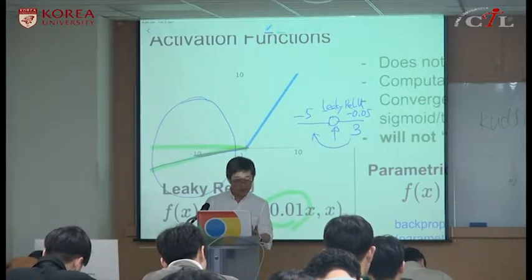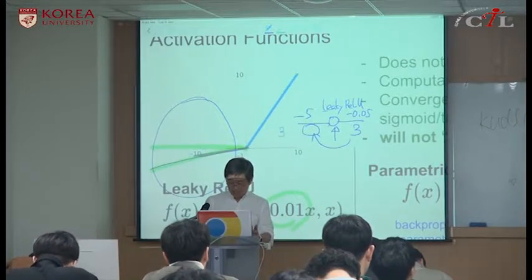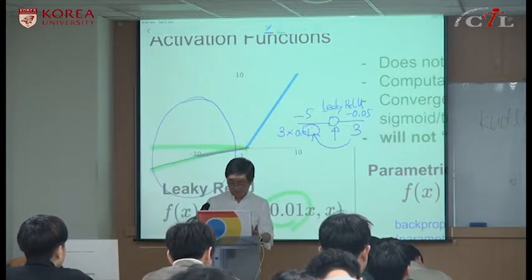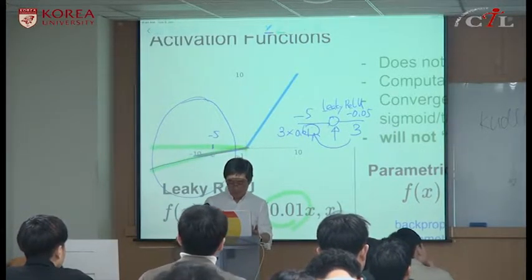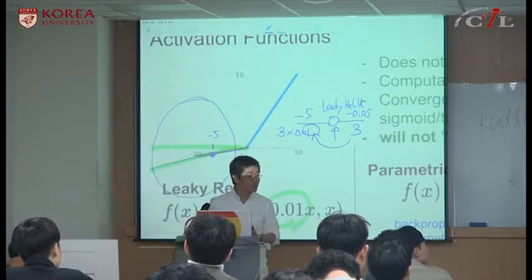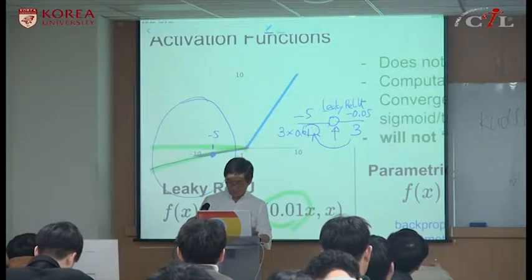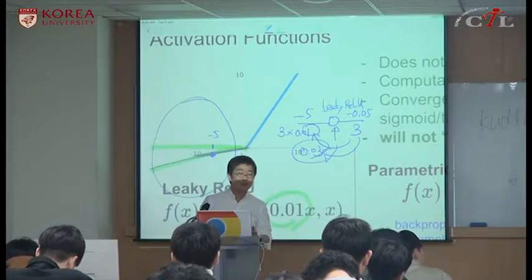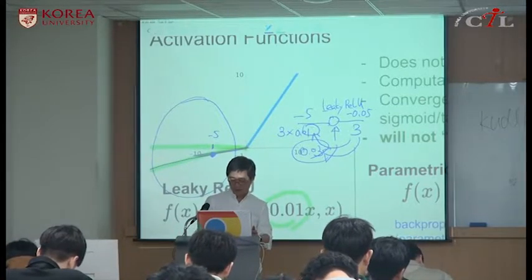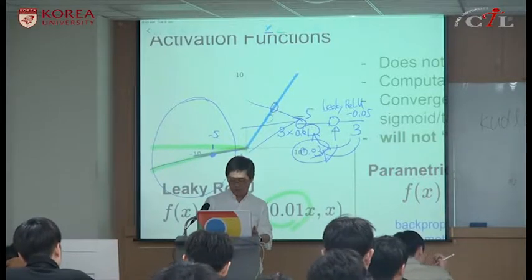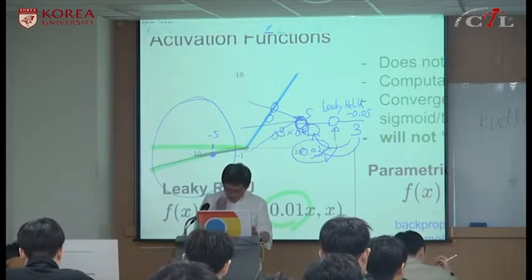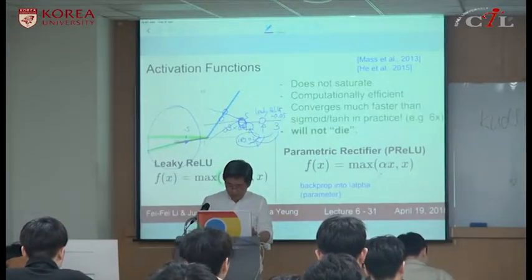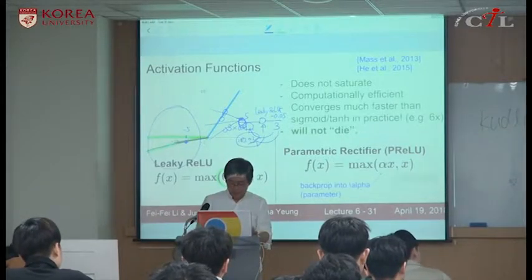What is the gradient corresponding to this input node? 3 times 0.01, because we have to multiply by that slope, right? So it will be 0.03, which became really small, but it is not exactly 0. So we still update the corresponding linear combination weight that produces this output, right? This is the main advantage of this Leaky ReLU.